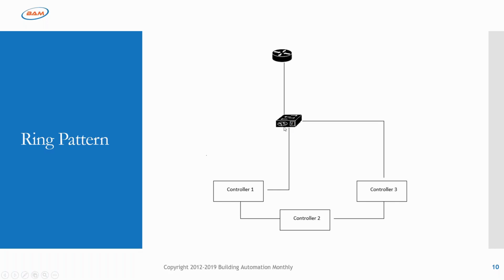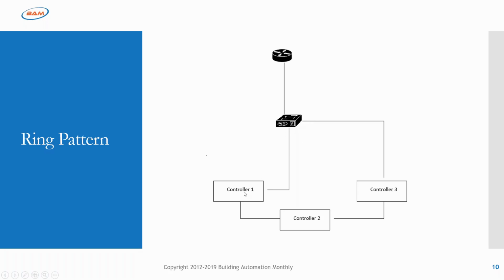What will happen with rapid spanning tree protocol is you've got this thing called a broadcast. IP addressing works by broadcast. That's how you discover IP addresses on a local subnet. The problem with having 2 ports open is a broadcast would go in circles for days. And you would get this thing called a broadcast storm, and it would take down your network. That would be pretty bad. So in order to stop that, you block a port.